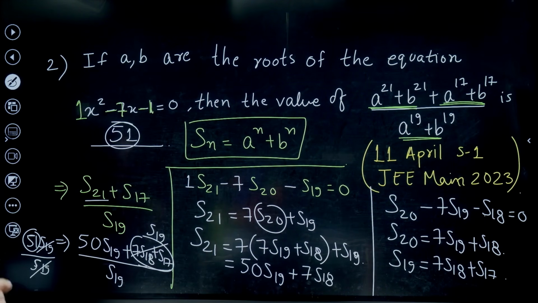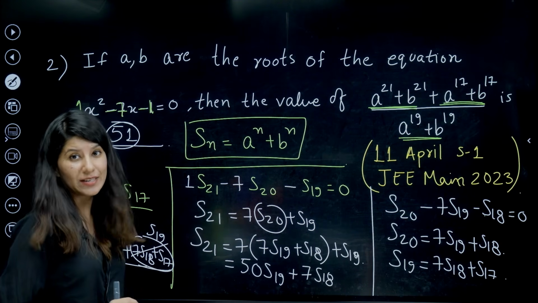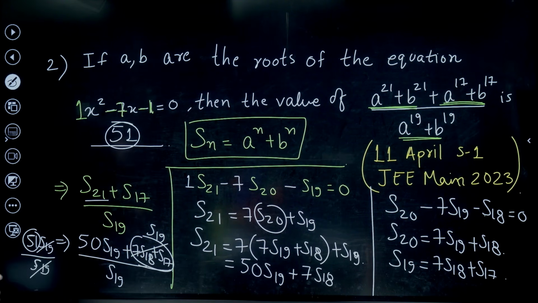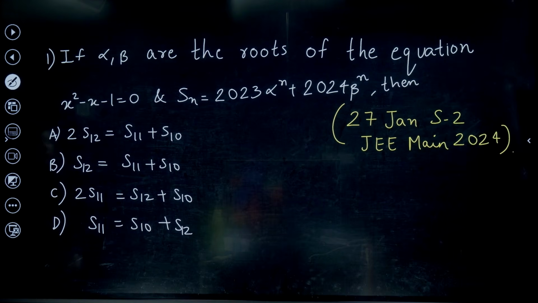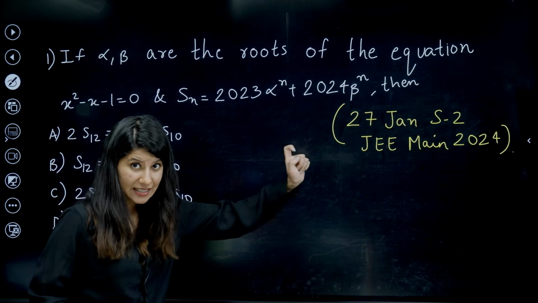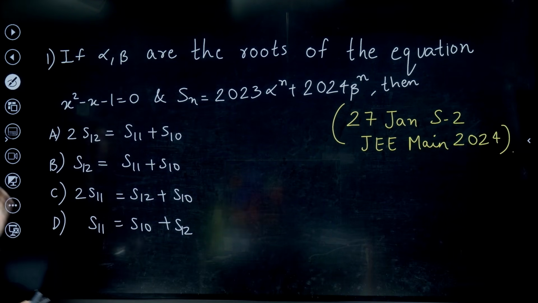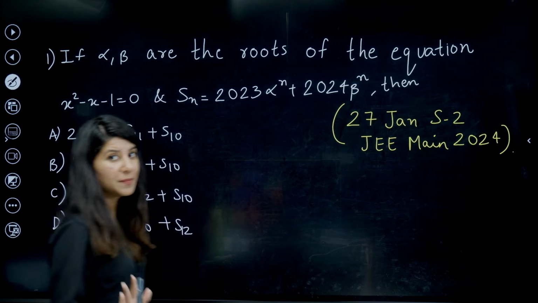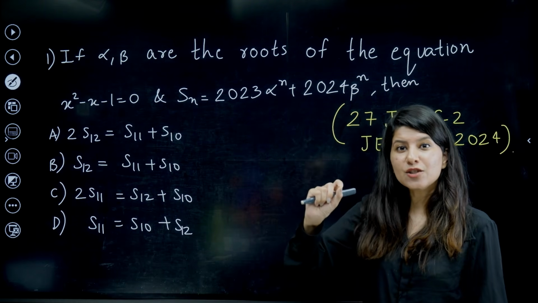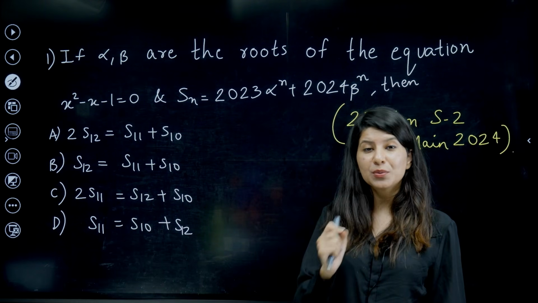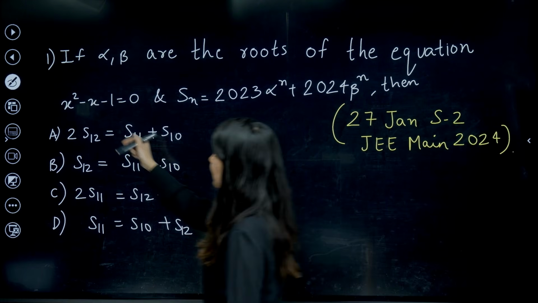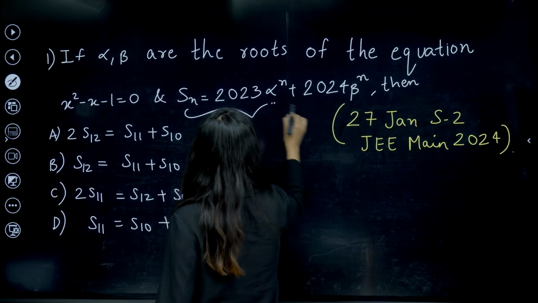Now let's understand the 2024 question. So this is the question which was asked in 2024. Very easy question, but this was a slightly generalized form of Newton's formula. So over here, this is your quadratic equation and this is your Sn.